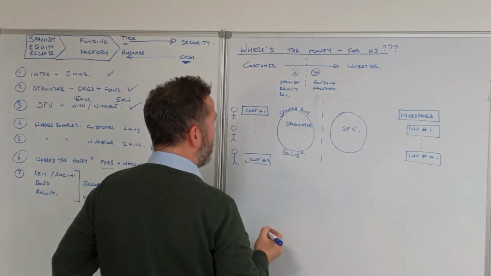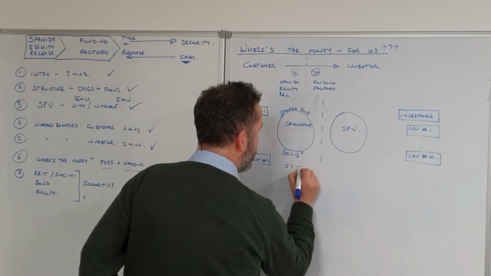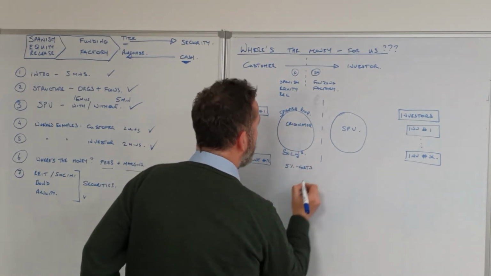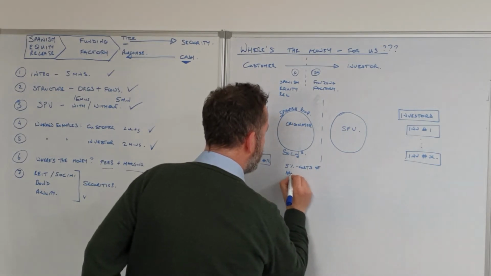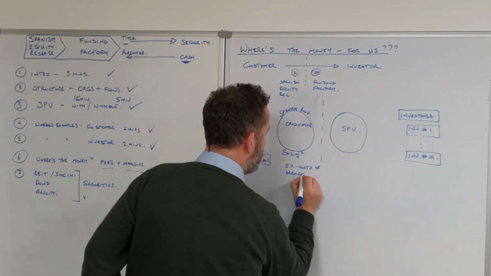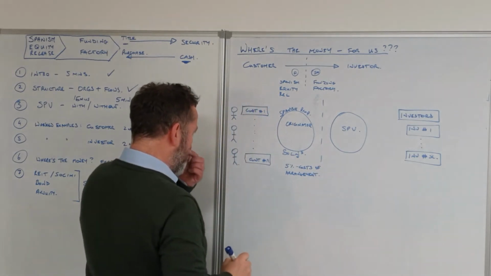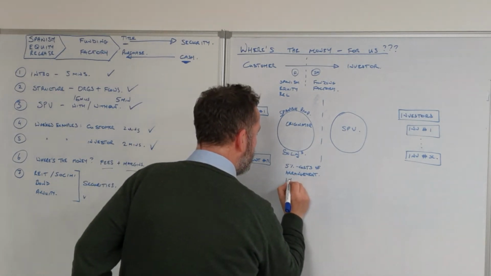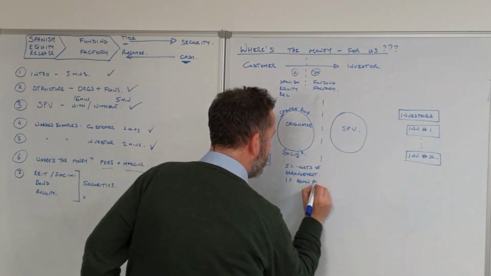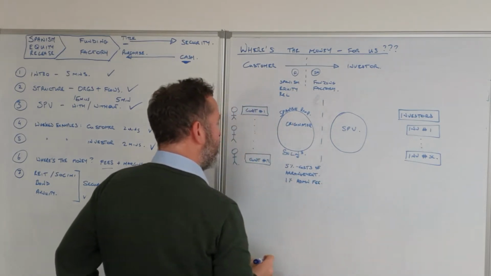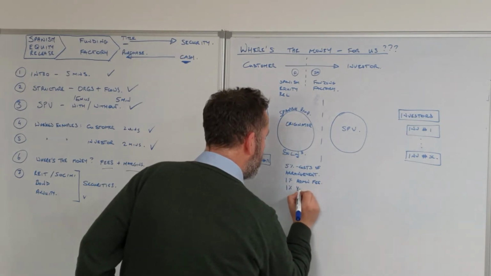And we're talking about 5% of the sale value for the basic costs of arrangement. Now, we're also talking about a 1% admin fee, and we're also talking about a 1% yearly fee.